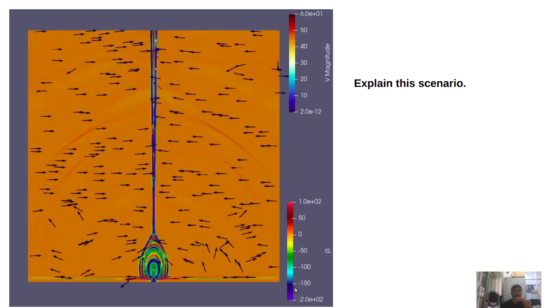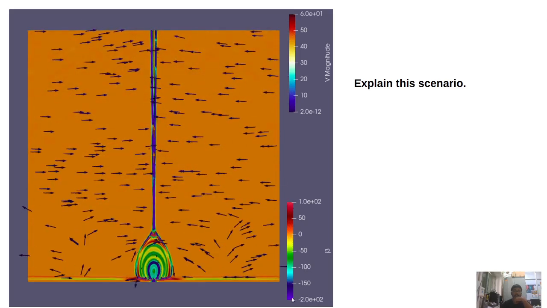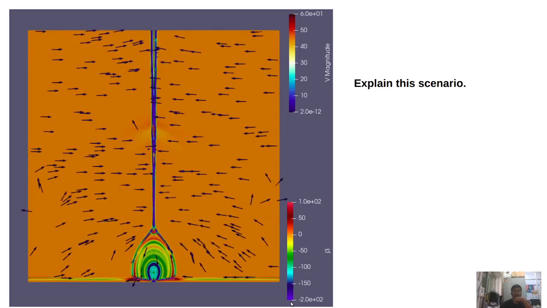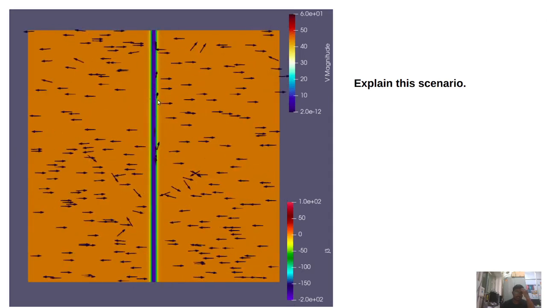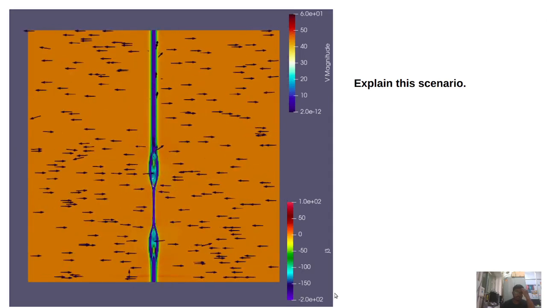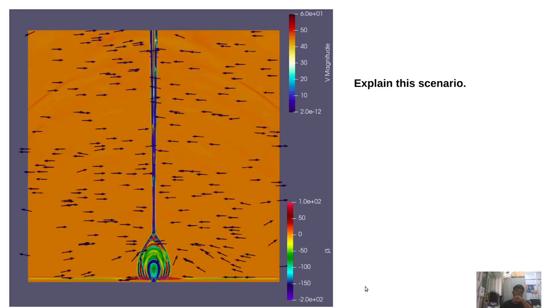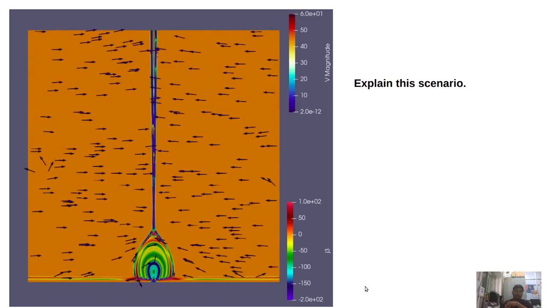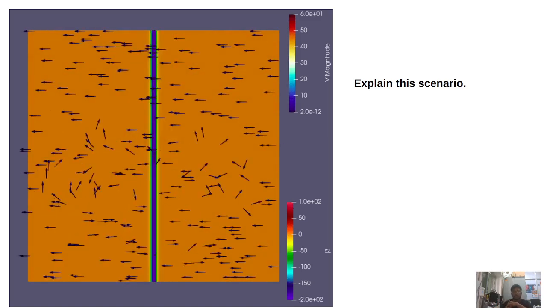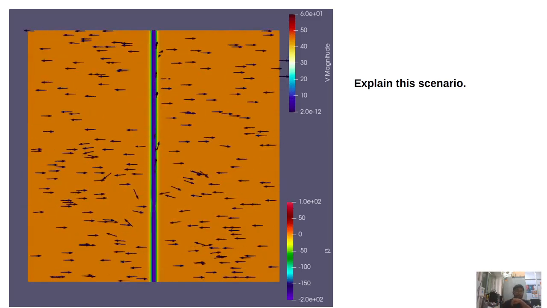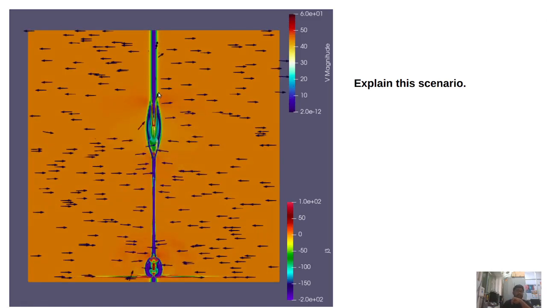But then if you look at the line here, this is around the blue, which is a larger value. Forget about the sign, it is very much larger, around 200 in magnitude of this current density. That means this is basically a current sheet.